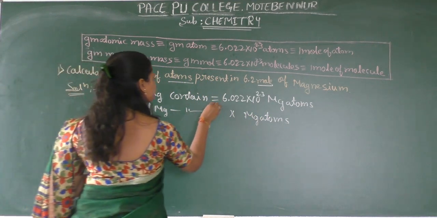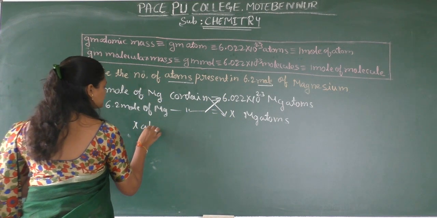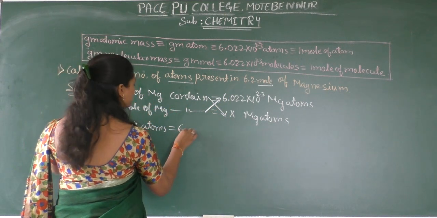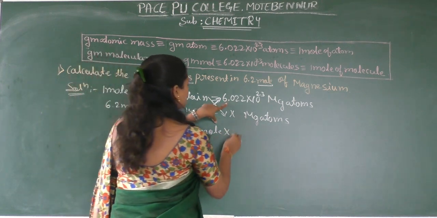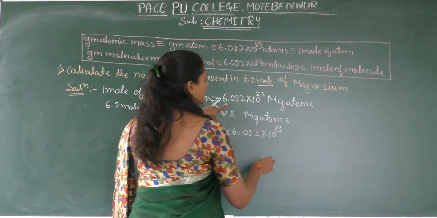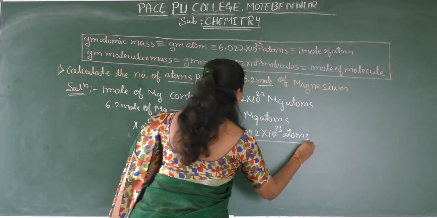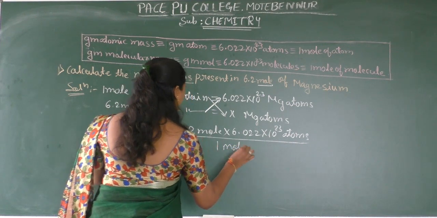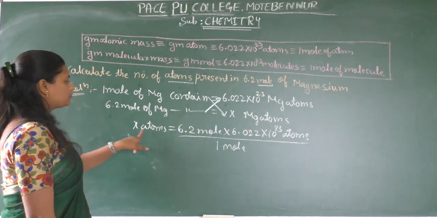Okay, so here cross multiply this one, so x atoms equal to 6.2 mole into 6.022 into 10 raised to 23 atoms divided by 1 mole of magnesium.